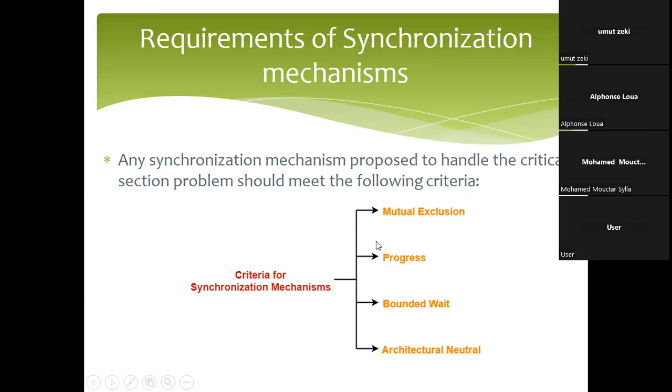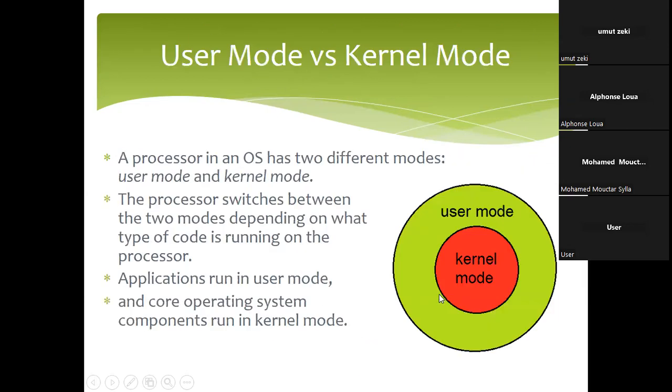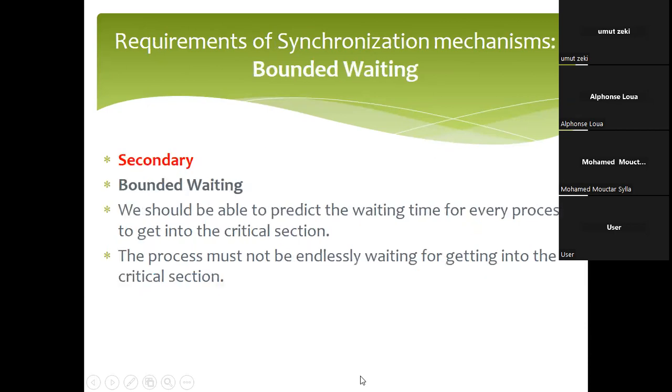They are of primary importance. And we have 2 more: bounded waiting and architectural neutrality. I'm going to explain these 2. So bounded waiting is that we should be able to predict the waiting time for every process to get into the critical section.